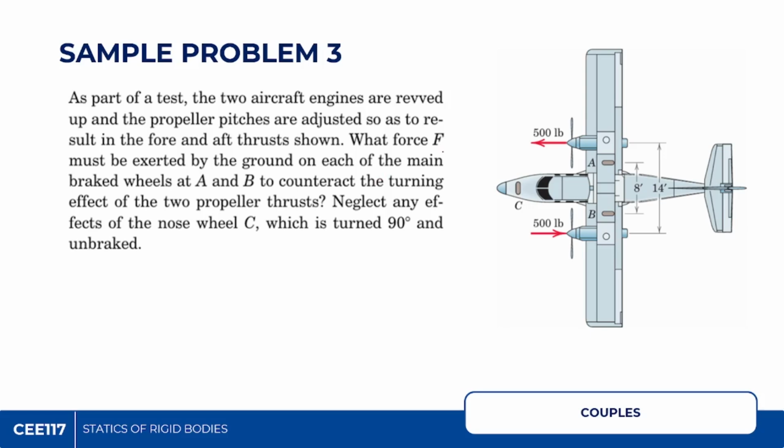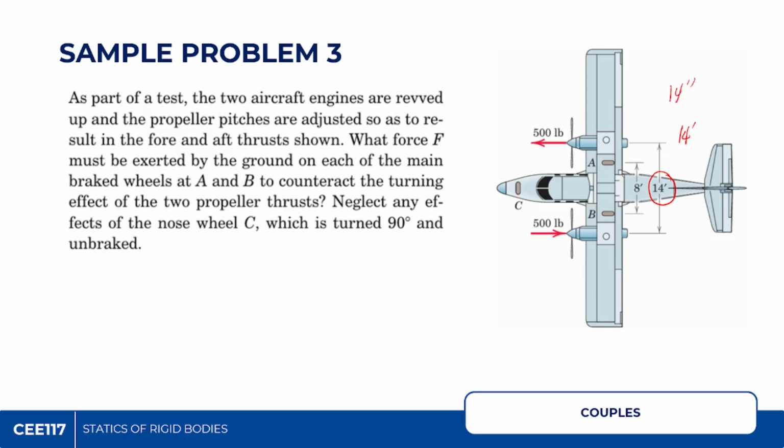So, basically class, you have here two opposite forces of equal magnitude. So, they create what we call a moment or couple, whose perpendicular distance is 4 feet. When there is only one apostrophe, it refers to feet. When there are two, that refers to inches.